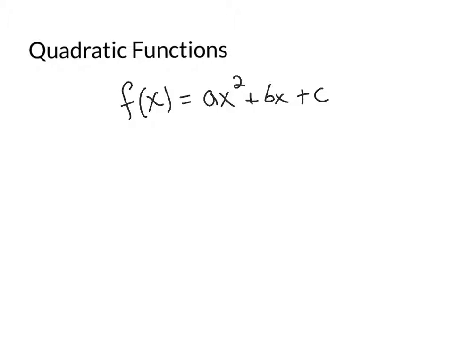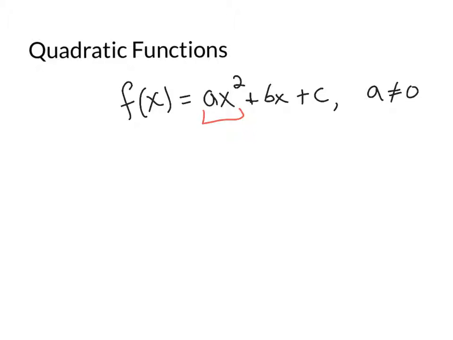So this is what we call a quadratic function, and the one condition we have is that a is not 0. If a was 0, a lot of our terms would go away. This whole term right here, ax squared, would go away, and what we'd be left with is bx plus c, and that looks like a linear function. So we've talked a lot about linear functions.